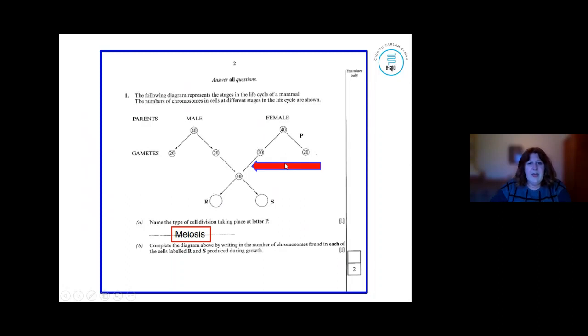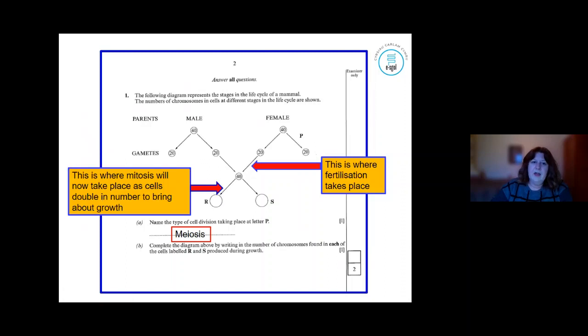Okay, then I'm hoping you had thought that what's happening between the male and the female gametes is fertilization, and that is why you've got the chromosome number of 40. And then the last thing is that you've now got your body cell number, your diploid number of 40, and growth is taking place.